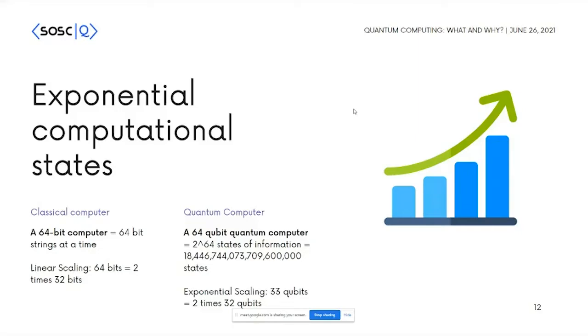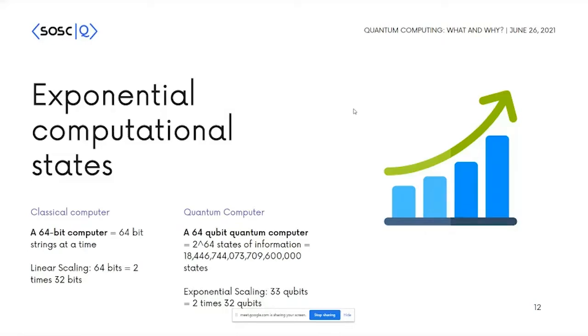And also the scaling thing. Let's say you want to scale a normal computer: a 64-bit computer will process 2 times the information of a 32-bit computer at the same time.